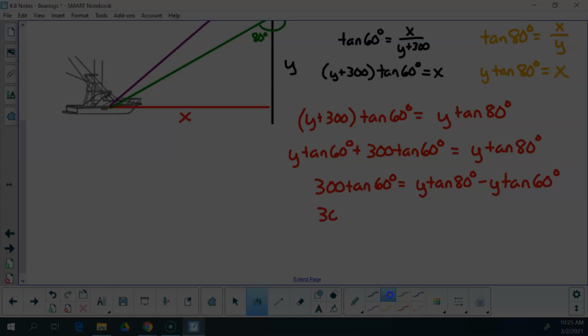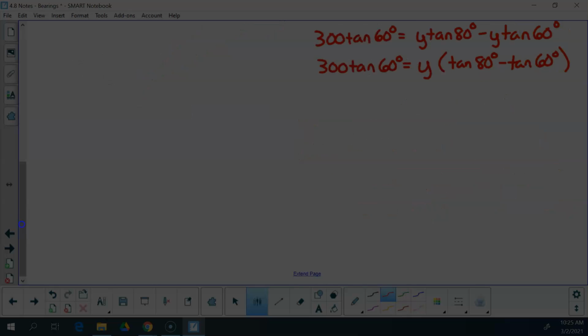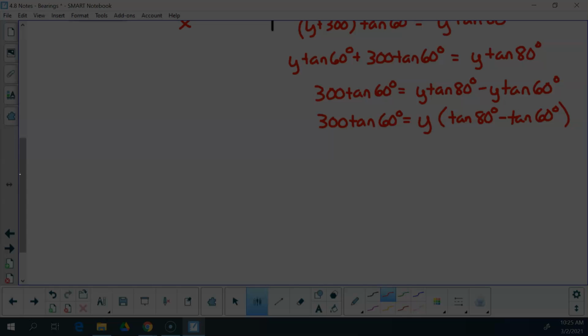If I factor a y out, I get that. If I divide, I get that. That we can figure out.